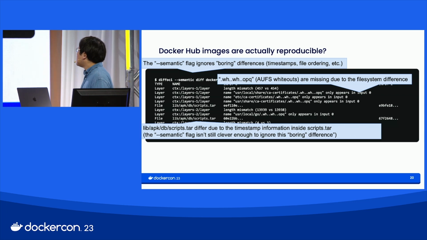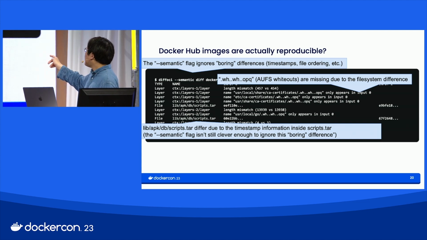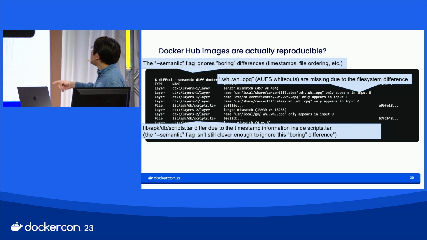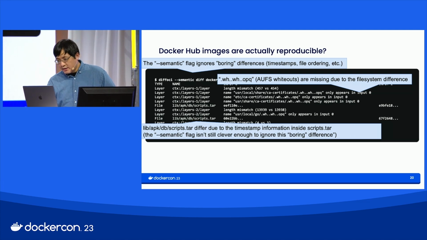lib/apk/db/scripts.tar. I said that the --semantic flag ignores timestamp information, but it is still not clever enough to ignore these boring differences because scripts.tar is inside the image, so the current version of the diff tool can't ignore these differences, but the actual difference is really boring.